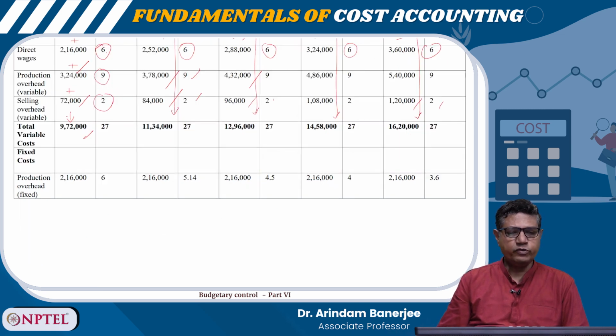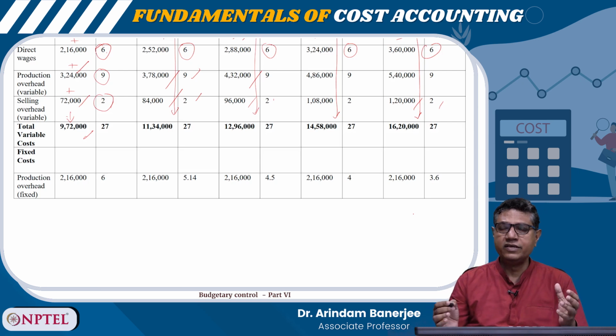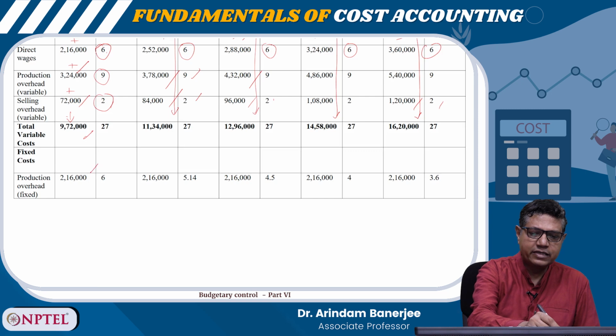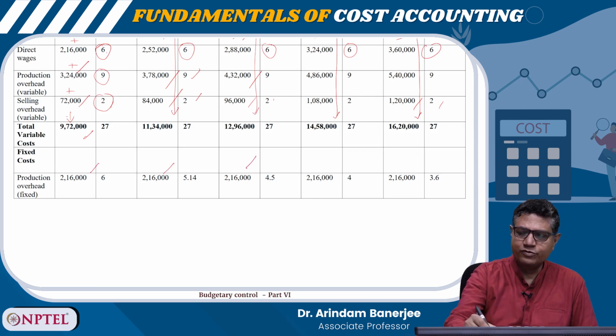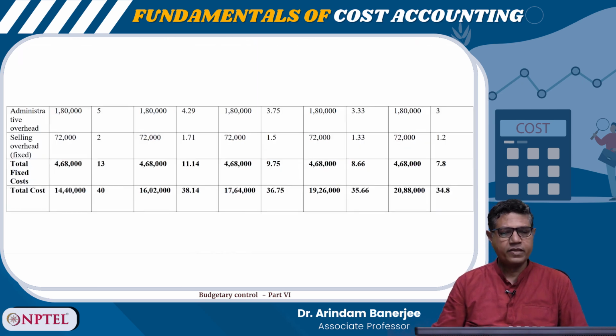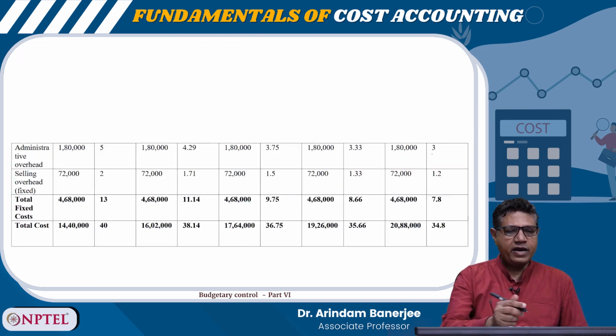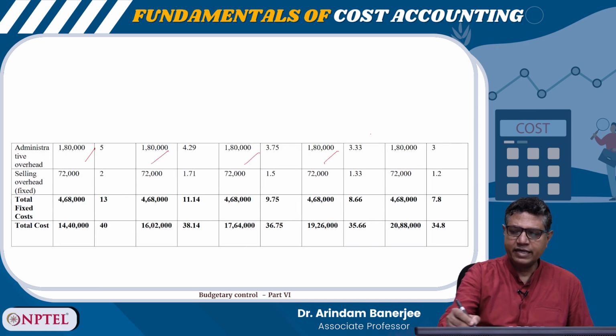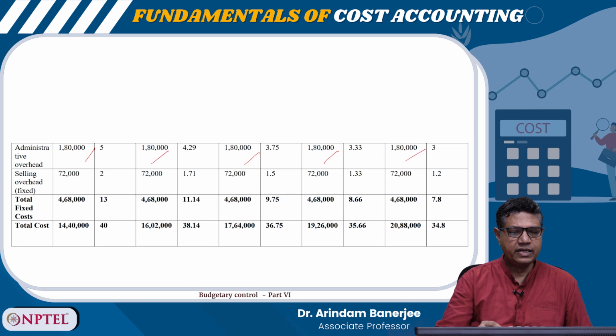The fixed cost we discussed earlier many times, that it will remain unchanged even if there is a change in production capacity. So, it will be 2,16,000, 2,16,000, 2,16,000, 2,16,000, 2,16,000 in all the 5 capacity levels, right. Now, for administrative overhead, it will be 1,80,000 in all 5 capacity levels.